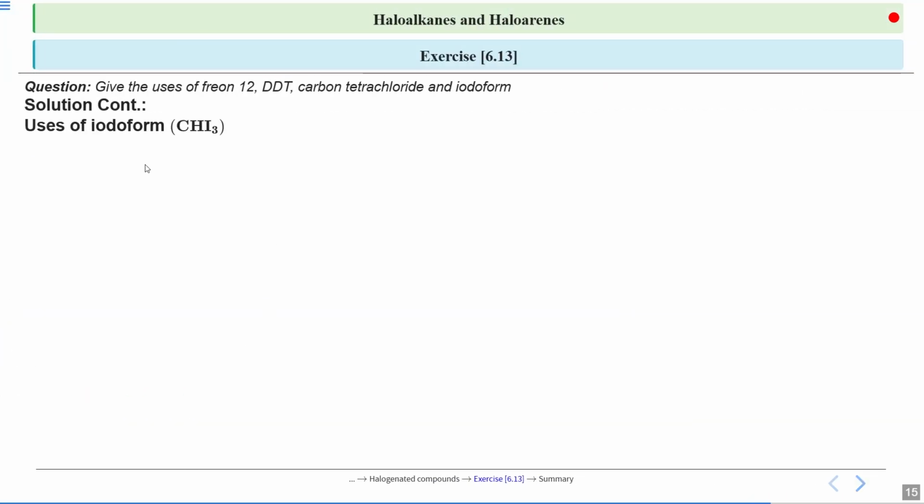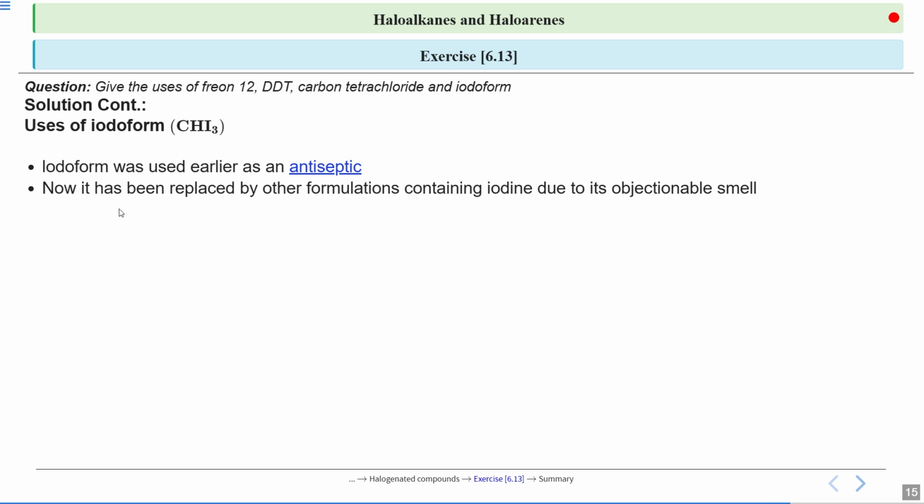Now let's talk about the uses of our fourth molecule, that is iodoform, CHI3. Iodoform was used earlier as an antiseptic. Now it has been replaced by other formulations containing iodine due to its objectionable smell.